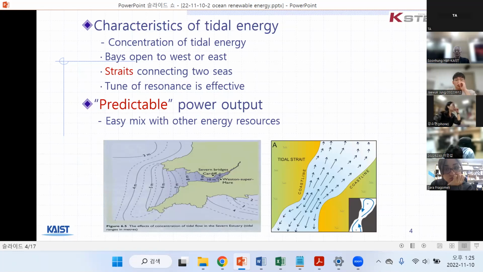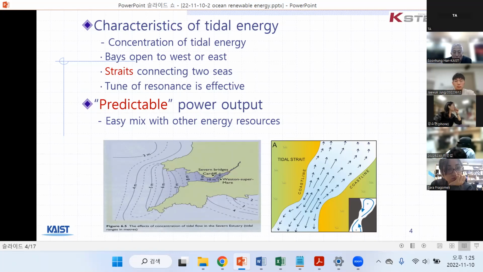So you need to have a special area, something like a bay. The map shows the southwest corner of the UK, something like that. A strait connecting two seas, and there is a resonance tuning of tidal incoming and outgoing.